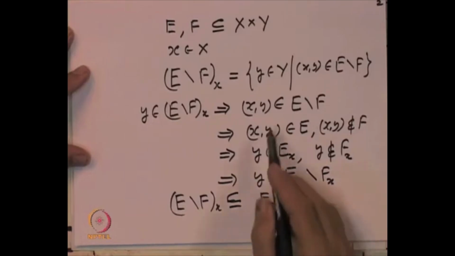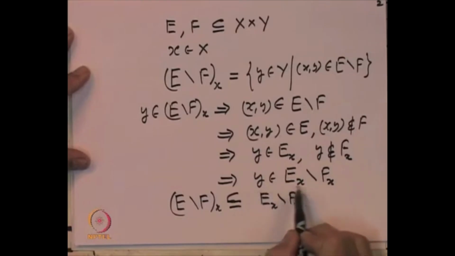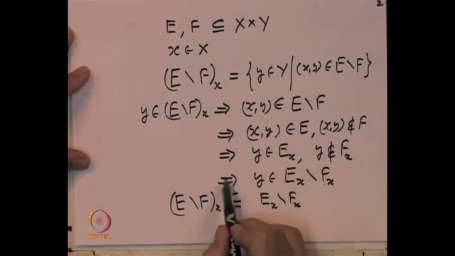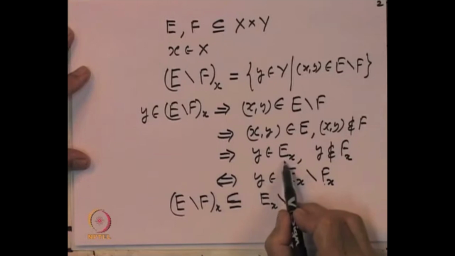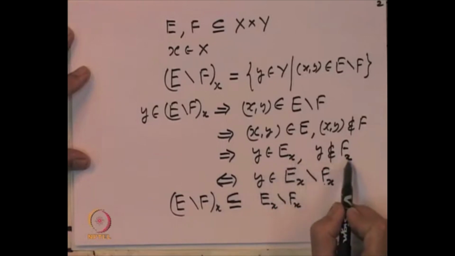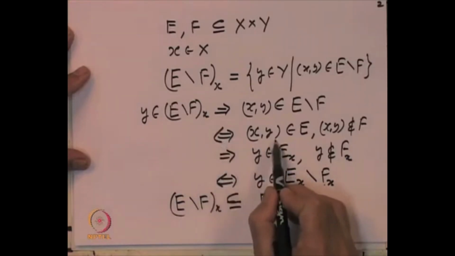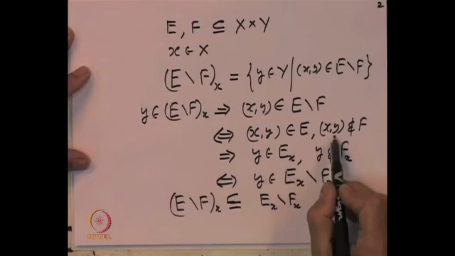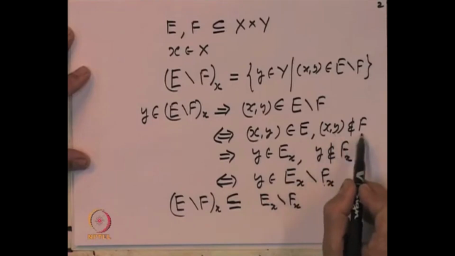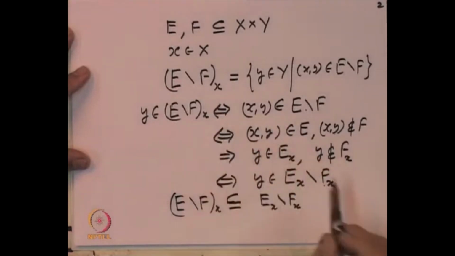But notice in this all the arguments are reversible. Supposing y belongs here. That is the same as the earlier statement that y belongs to E lower x and y does not belong to the section of F at x. But that is the same as saying (x, y) belongs to E and (x, y) does not belong to F, and that is the meaning of the difference.